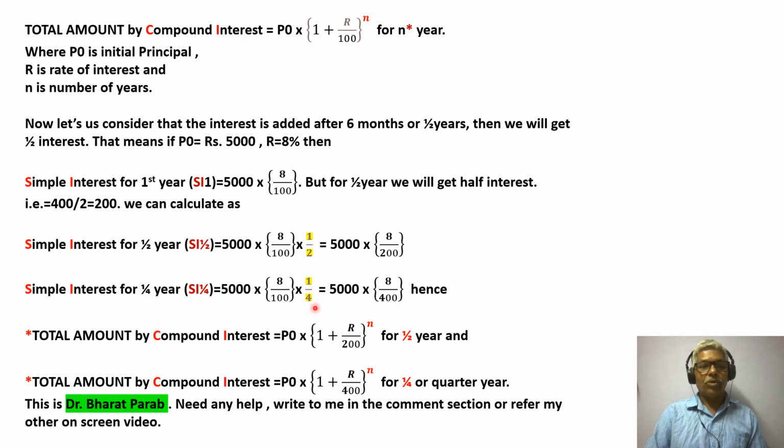So we generalize this now. Total amount by compound interest is equal to P0 into (1 plus R upon 200) for half year, raised to n. N stands for number of half years. If the total time is 2 years, the number of half years will be 4. If it is 1.5 years, the number of half years will be 3, so n will be 3. Don't take n only as years, but as the number of installments.